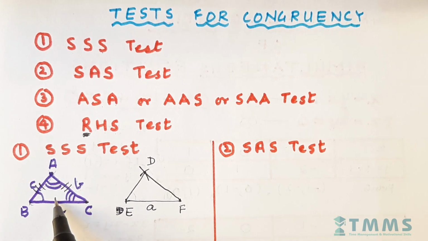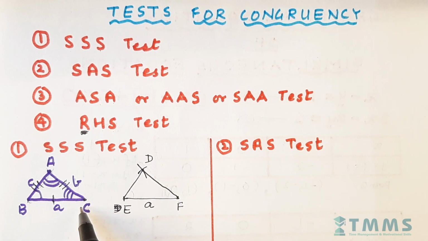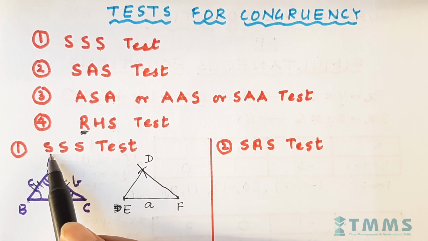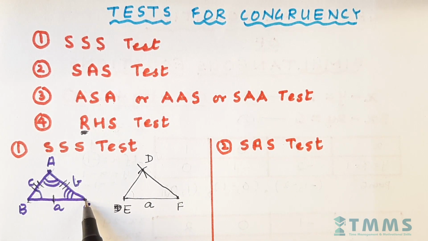So I am going to take side, side, side, which means if I have another triangle with exactly the same measures of side, side, side, then I want to see if the two triangles are going to be congruent. So I have drawn a side EF, which is exactly the same as the measure of BC, that is a centimeters. Can you see that? And your AB and AC are c and b respectively.